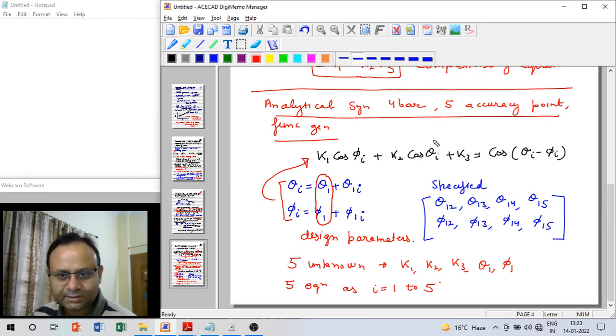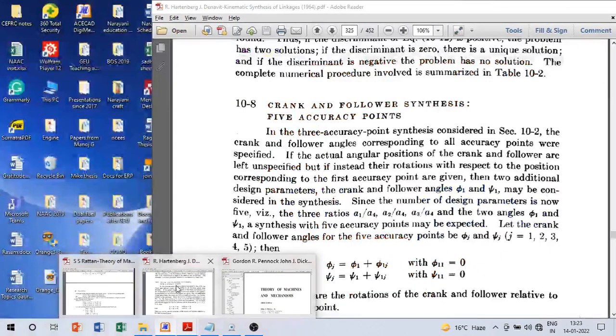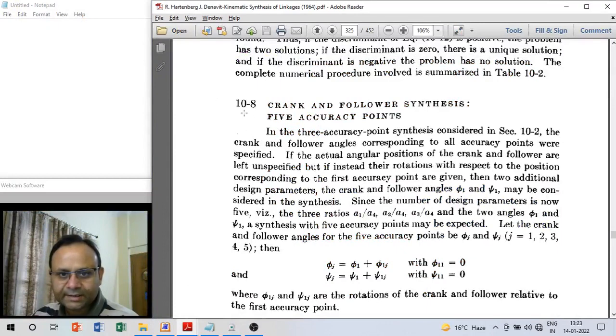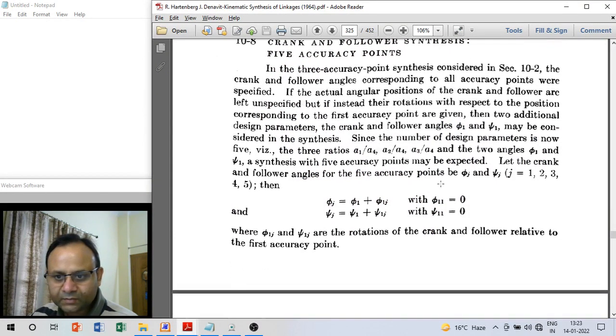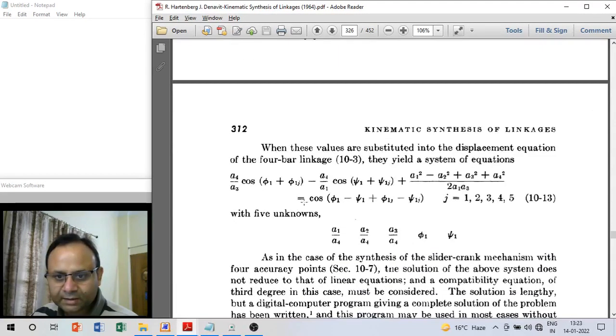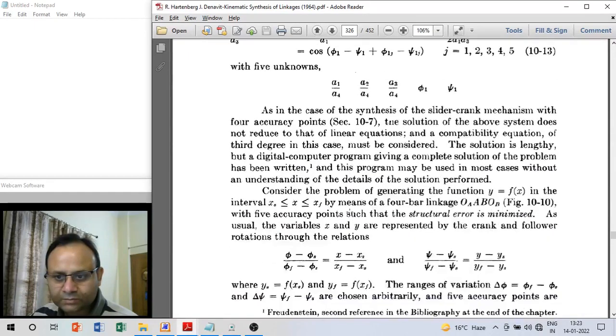If you want to read in detail about this, it is given in section 10.8 of the Denavit-Hartenberg book. It says crank and follower synthesis, 5 accuracy points. So you can see they introduce these additional design parameters, and then you get 5 unknowns.